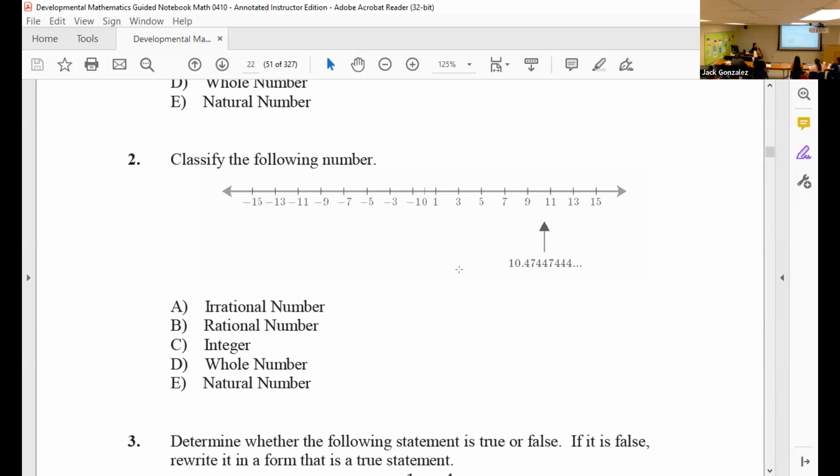I want to say irrational. Based on the definition, right? So we know the definitions, we're good. We're safe. What was number 2? Irrational. Okay.